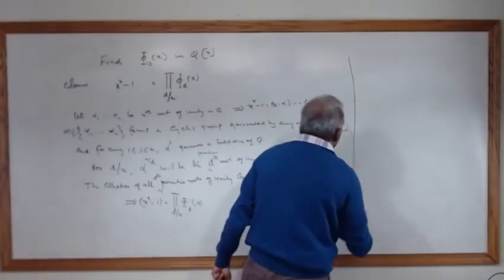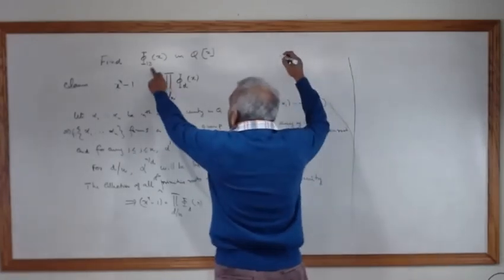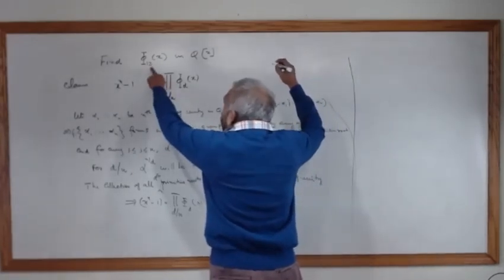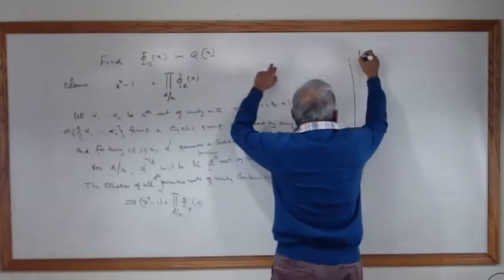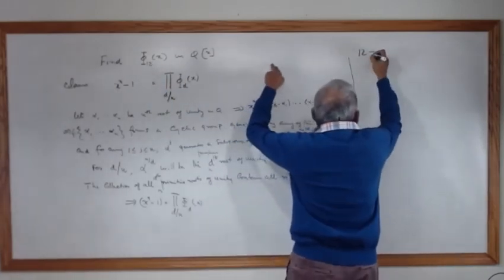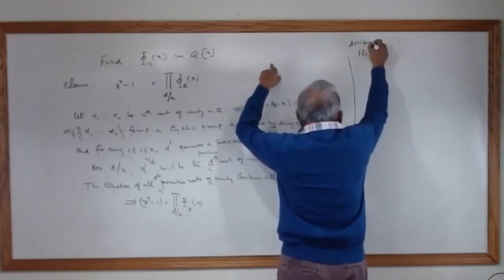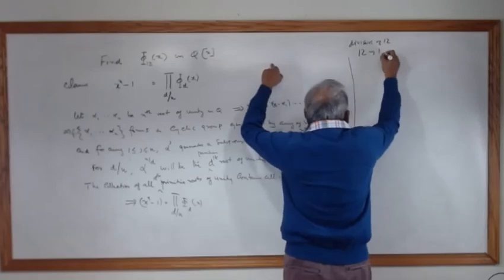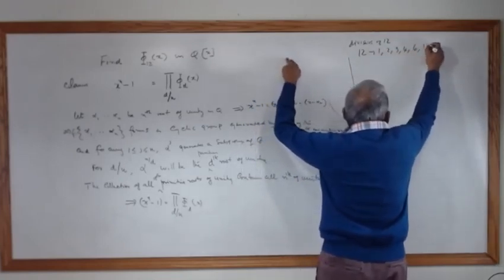Now, let us find out the divisors of 12. The divisors of 12 are 1, 2, 3, 4, 6 and 12.